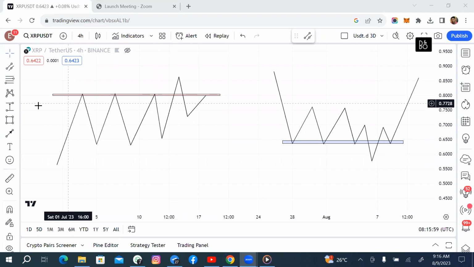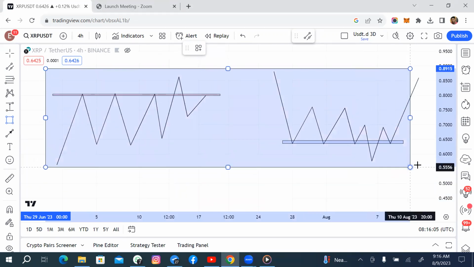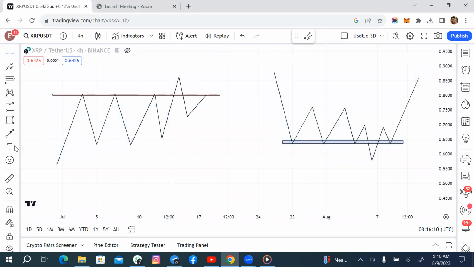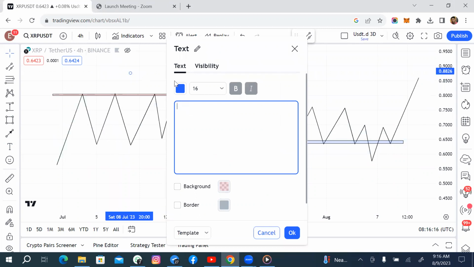Now, on my screen right here, I have two different schematics right in front of you. One of them is called a distribution. Just going to write that right now.